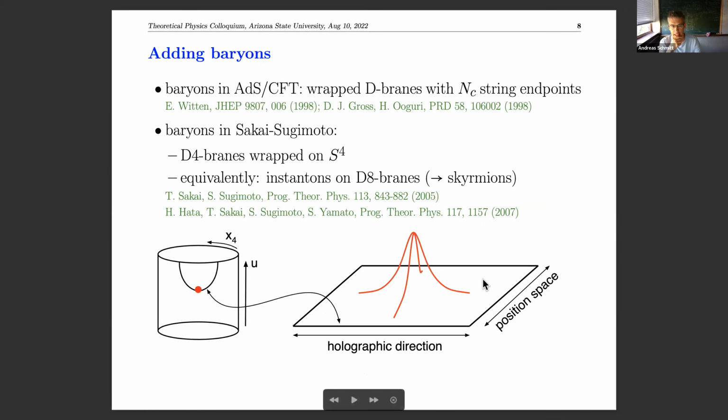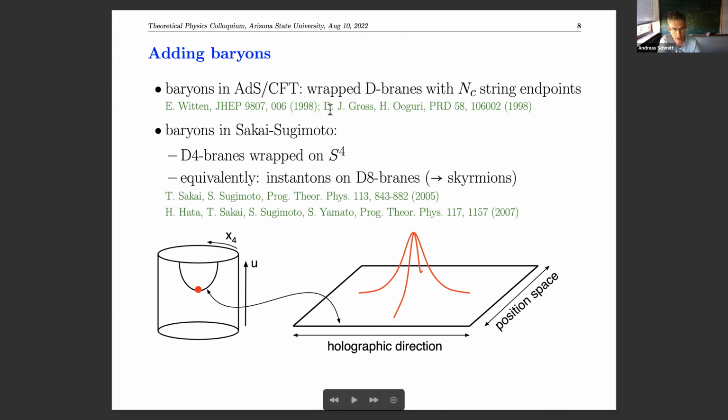So here, again in very brief words with a few pictures, there is a certain recipe for how to add baryons in AdS/CFT in general. You can connect it to your usual particle physics picture of having three, or more generally N_c, fermions forming a baryon. There's a geometric construction for this. Never mind if you're not an expert in string theory.